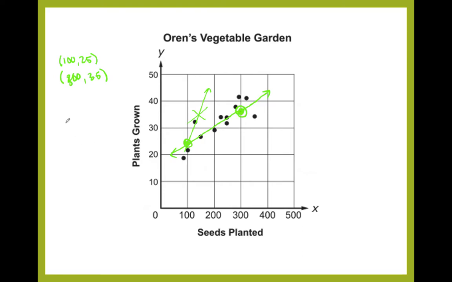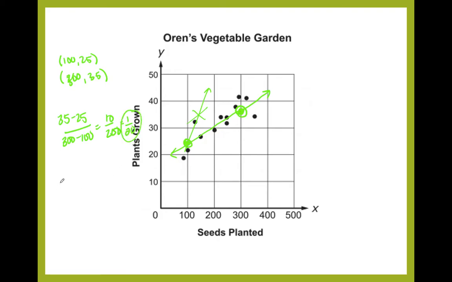Then you're going to first find the slope. So we'll do 35 minus 25 over 300 minus 100. That gives us 10 over 200. And again, when we do it by hand, this is an estimate. That's 1/20th if I simplify it.